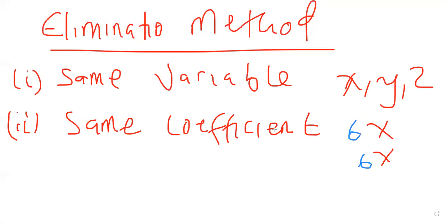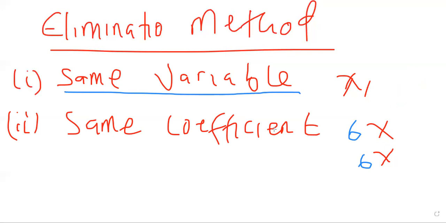Okay, what I'm saying is that the other condition we have to consider is that the part that you want to eliminate must have the same variable. If the variable is x, you must have x. If the variable is y, we're supposed to have y. I'll explain how. Now, the other thing is we're supposed to have the same coefficient.